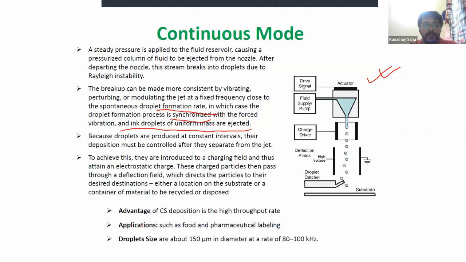Deposition must be controlled after the droplets separate from the jet, because they are produced at constant intervals. So this is how continuous mode droplet deposition happens. You can find a high throughput rate as an advantage of the continuous mode. These are applied in food and pharmaceutical labeling.